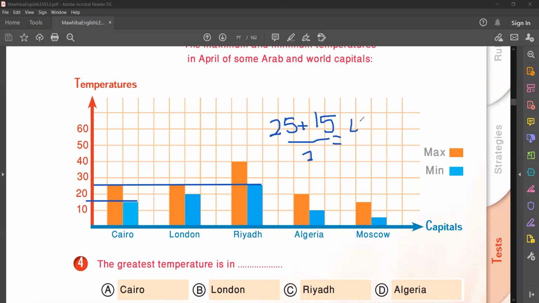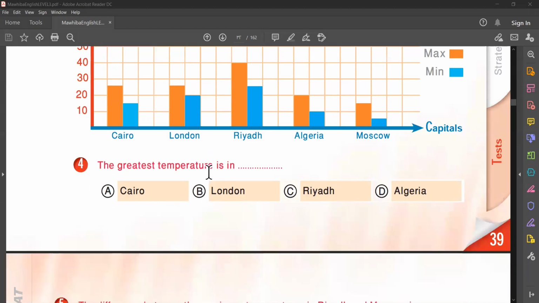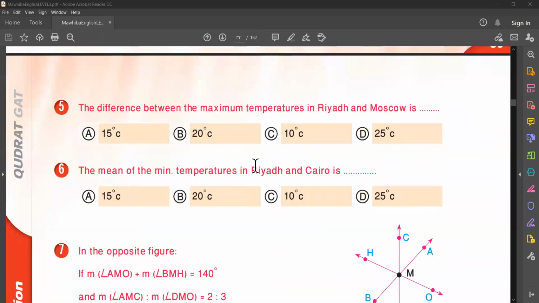So 40 divided by 2 equals to 20. So the answer, right? It is 20. So you add, then divided by 2. So the answer is what? 20. Number B. Right? Good.